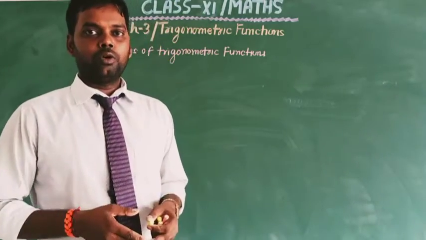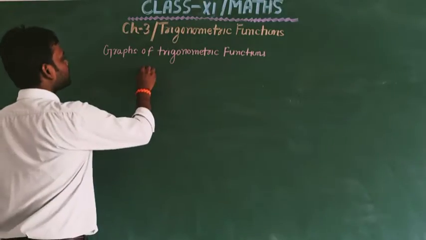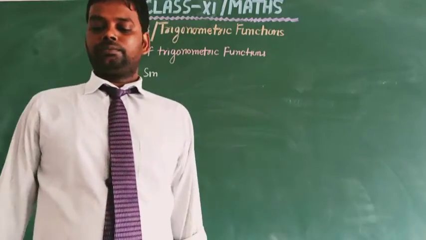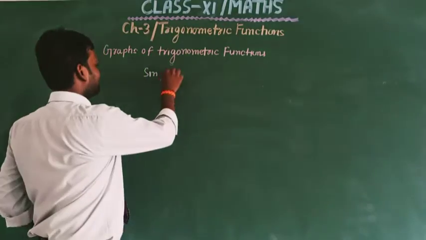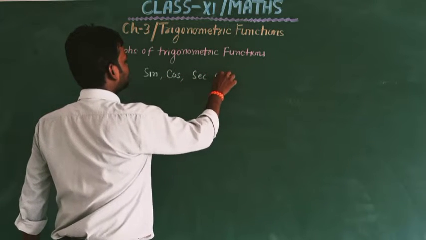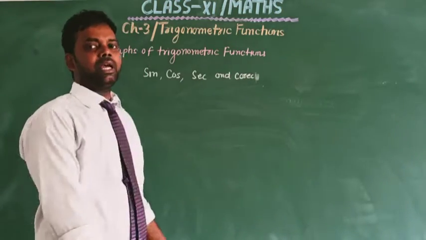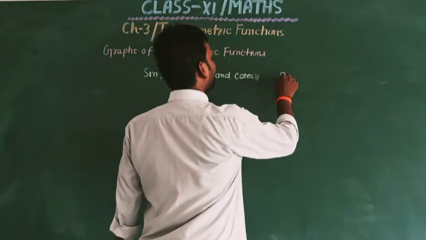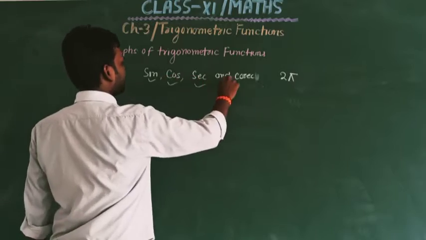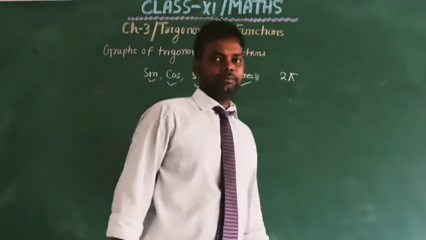Okay. So, we also know sine, cosine, secant, and cosecant are periodic functions with period 2 pi.